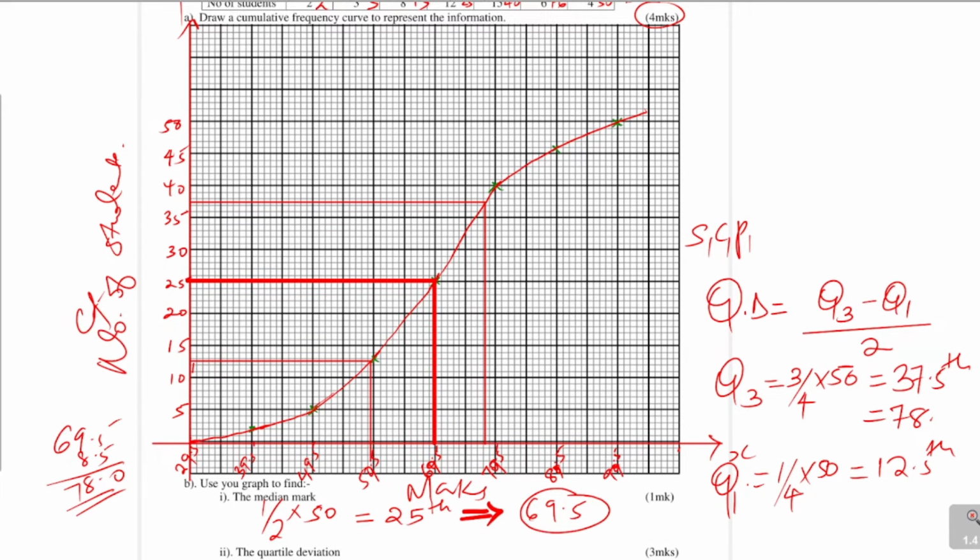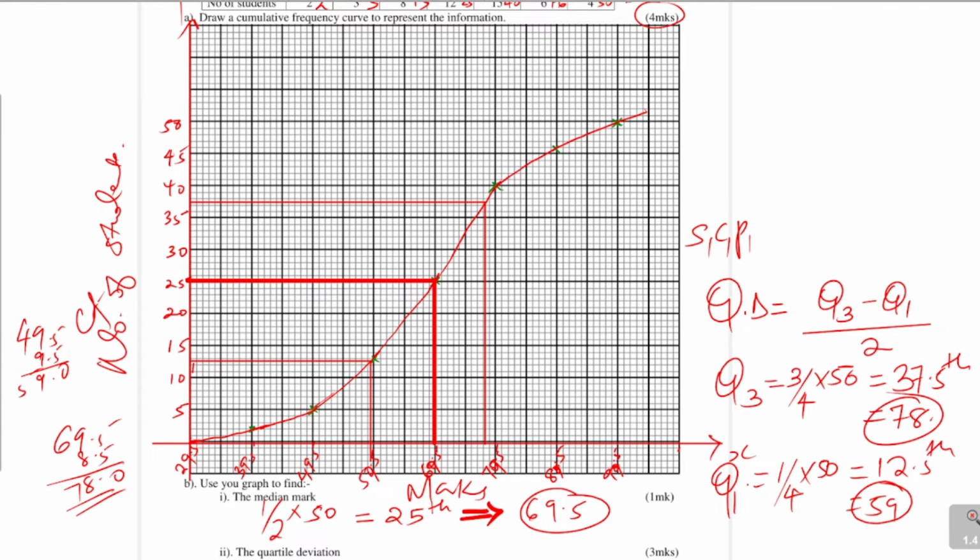From 49.5, I add around 9.5. It is not yet 9, it is past 9. So add 9.5. Mine gives 59.